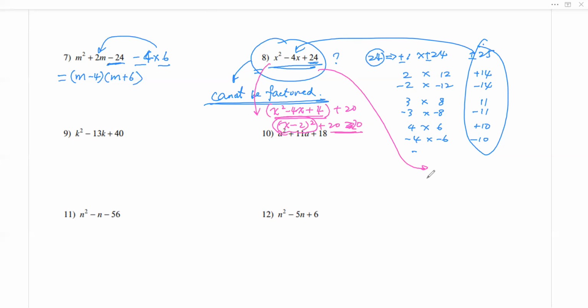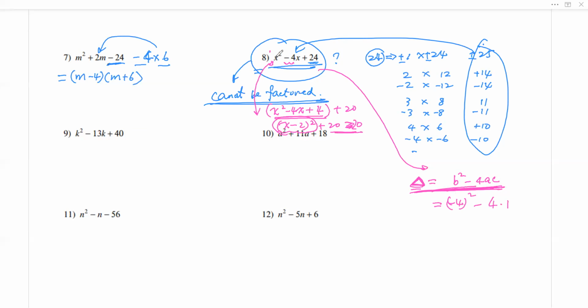And in the near future, we also will learn what is called the discriminant, b squared minus 4ac. You don't necessarily need to remember this one right now. I just put this in front. We will learn this part. So b is negative 4, A is 1.